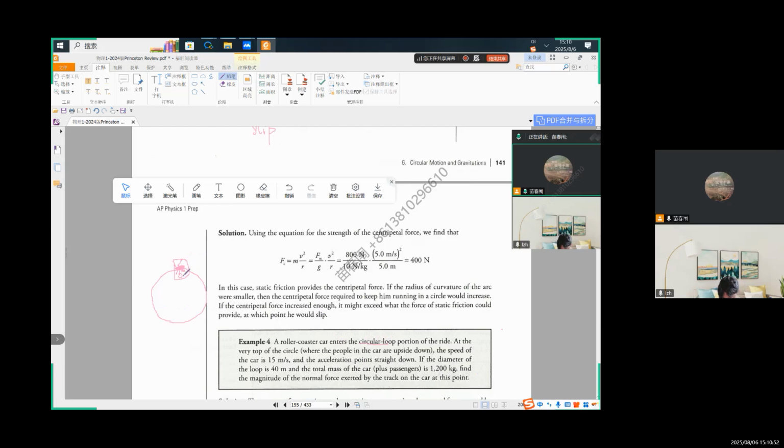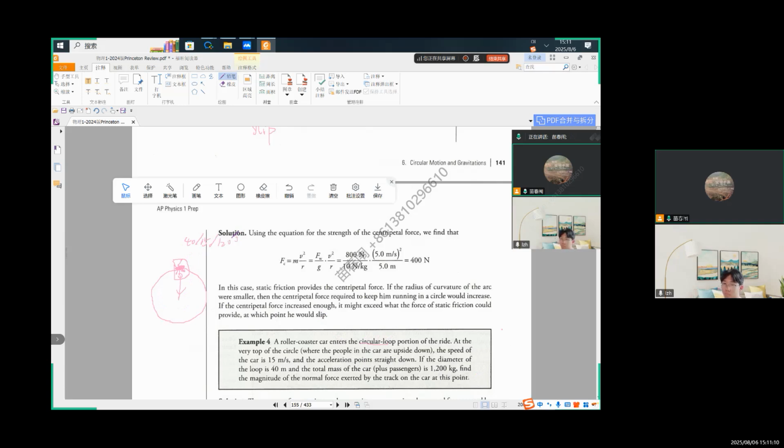The acceleration is pointing downward here. The diameter is 40, and the mass of the car and the passengers is 120. Find the magnitude.